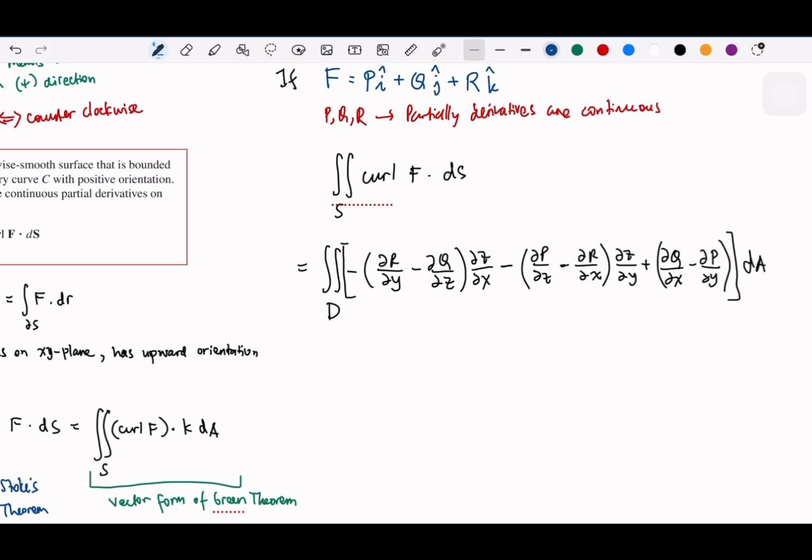And then we evaluate this at x, y, and z will be a function of two variables x, y. So we are taking x with a parameter: x of t, y of t, and then taking the parameter from a to b.